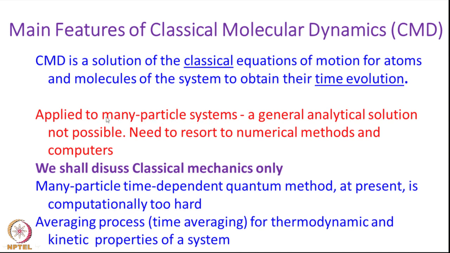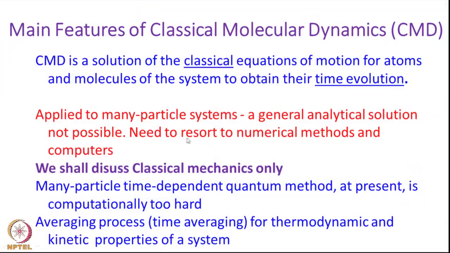Okay. So, what is a many particle system? Anything more than 2 particles is many particles. Once you have more than 2 particles, say 3, 4, 5 particles, a general analytical solution is not possible. You do not have an exact solution with a formula. Just as you have a formula for 2 particle motion like a hydrogen atom or the earth and sun moving together, one is a classical system, one is a quantum system.